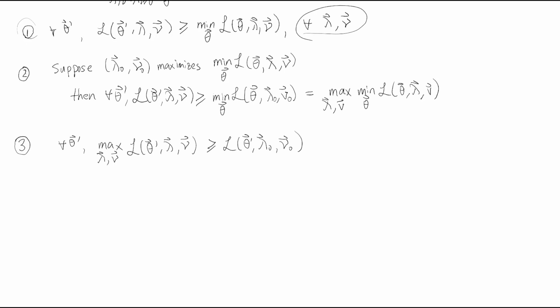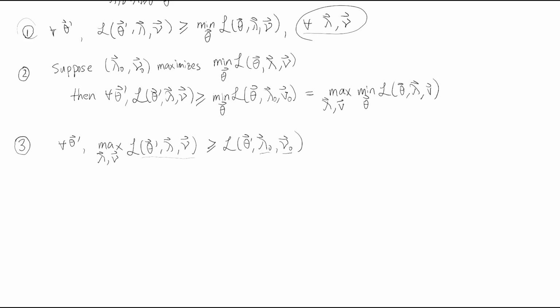Well, theta prime is just some variable, no matter what theta prime we consider. On the left hand side, we're choosing the lambda and nu that will maximize this L. On the right hand side, we simply plugged in a particular value of lambda and nu, in particular lambda 0 and nu 0. So of course it's going to be less than or equal to whatever will maximize L. So that's observation number 3.